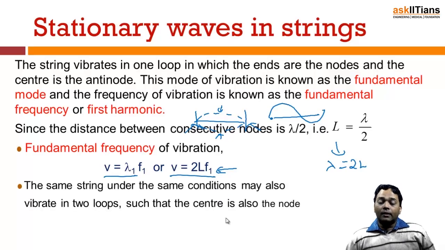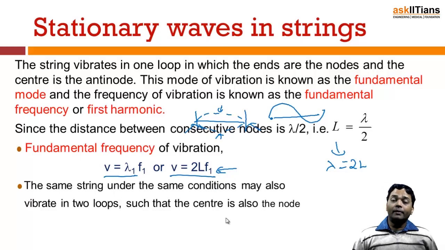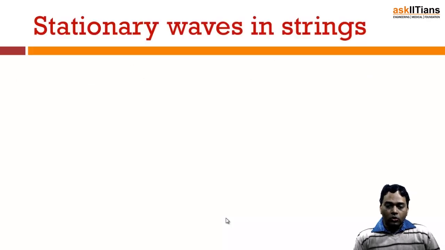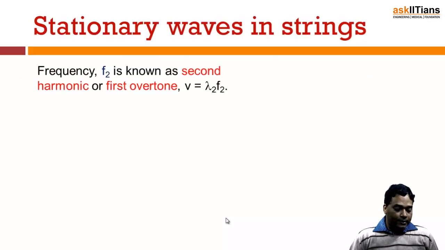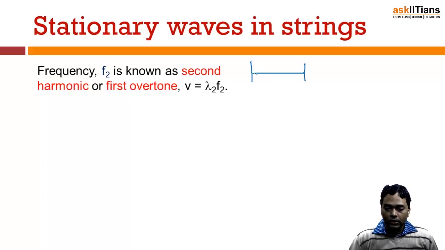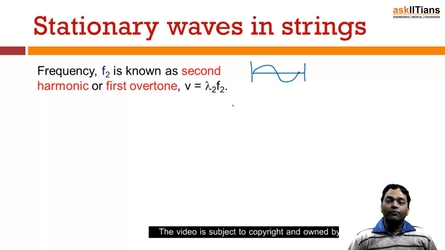The same string under the same conditions may also vibrate in two loops, such that the center is also a node. So what do we have in this case? For instance, you have something like this. This is one loop, this is another loop. This is known as the second harmonic or the first overtone.